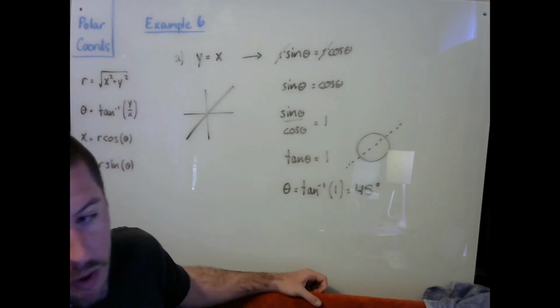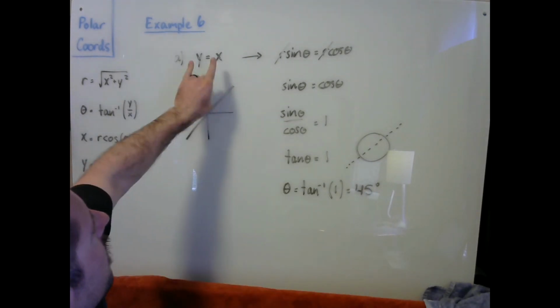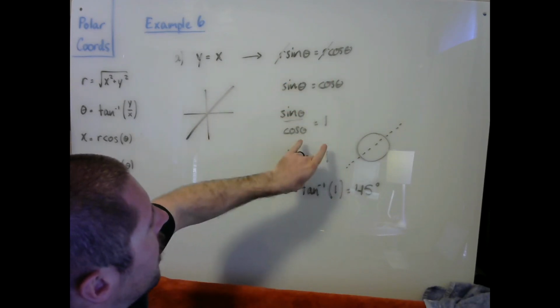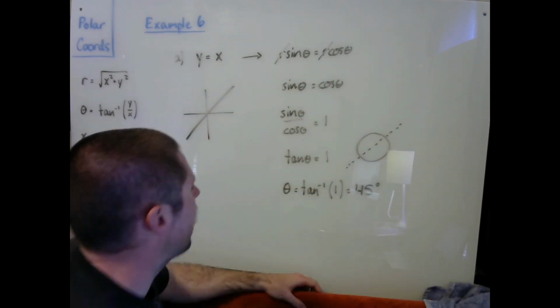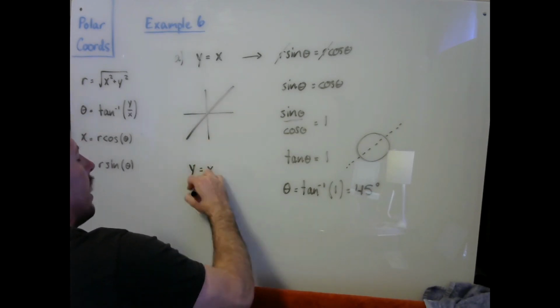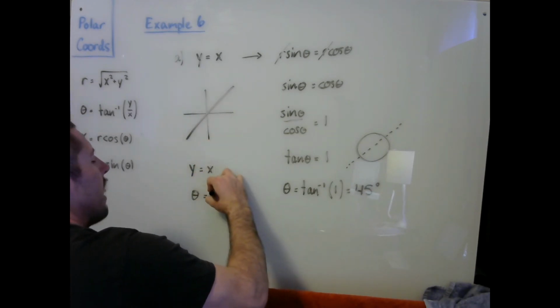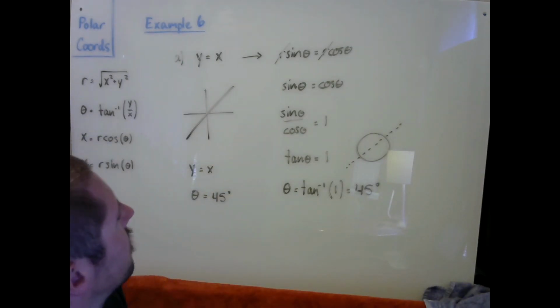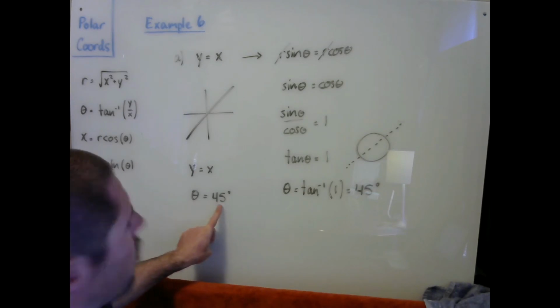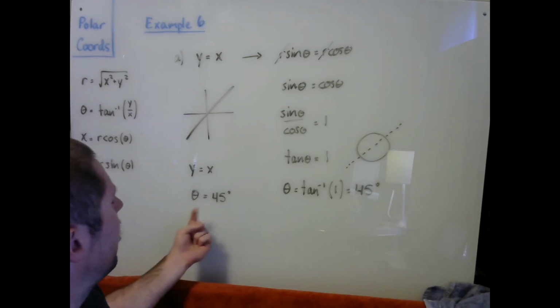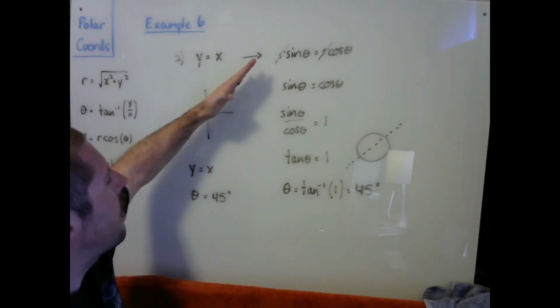So notice that what we just did right here is we converted from rectangular into polar, and we solved for theta. And what theta did we find? It seems like the equations y equals x and theta equals 45 degrees are equal to each other. What I'm really looking for us to take away from this right here is the fact that theta equals 45, or in general, any equation that just is theta equals a constant, is always going to describe for us a line.